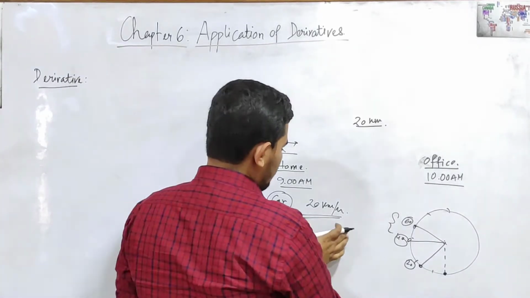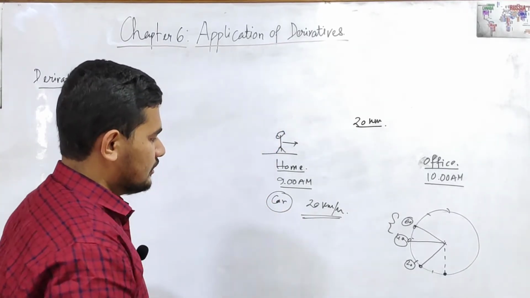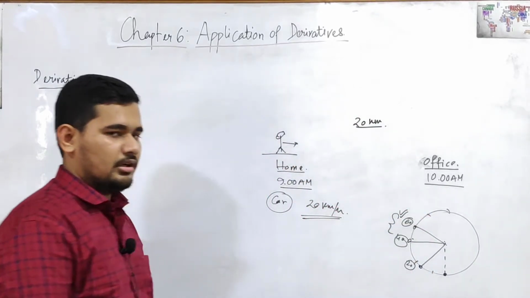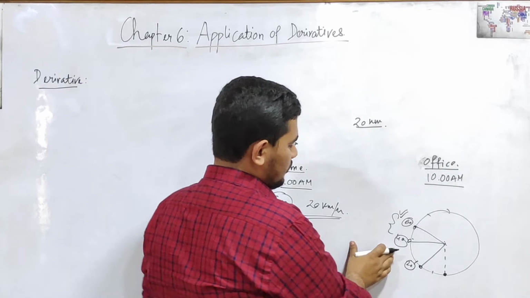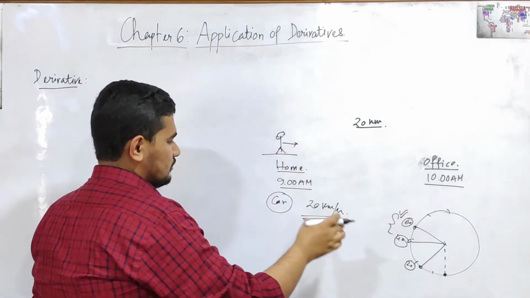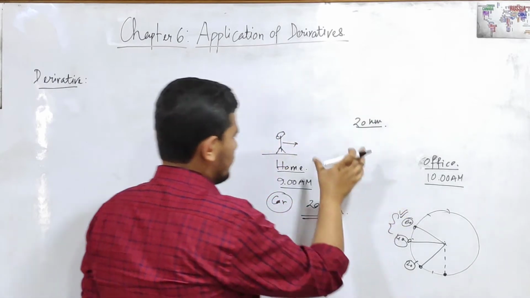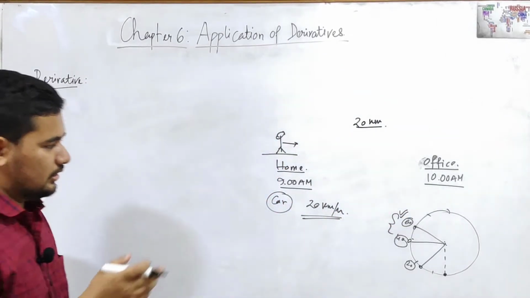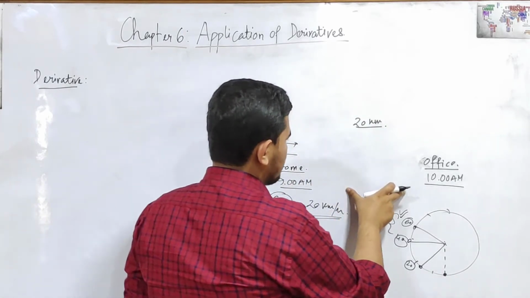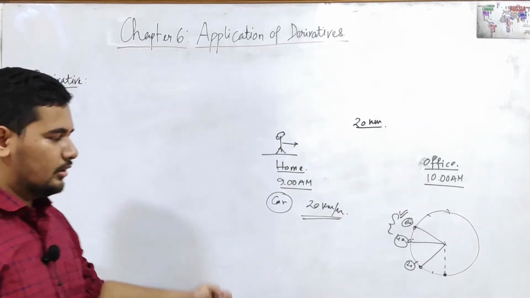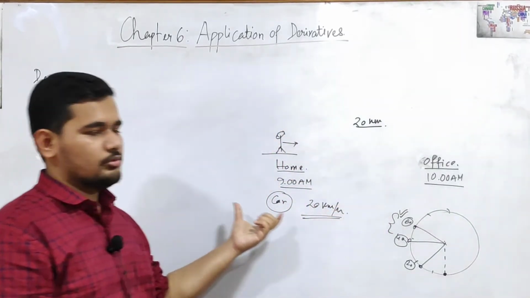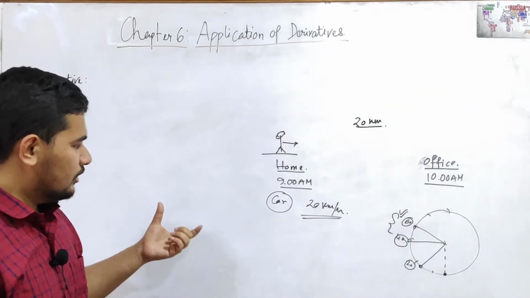So even if the car has the capacity to run at 60 or 40 km per hour, it never covers the distance of 20 km in exactly 1 hour. It can cover it in 20 minutes, or it can take 1.5 hours also.